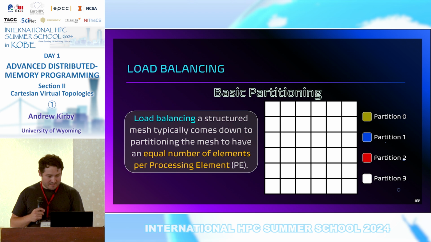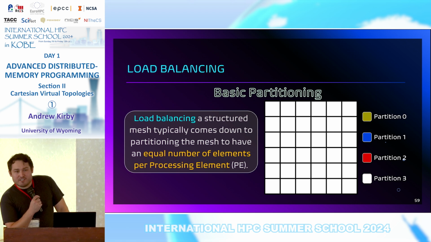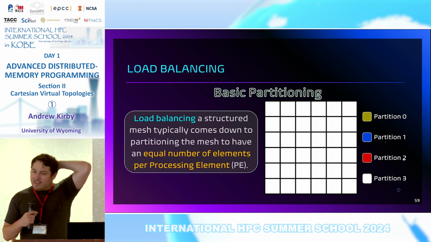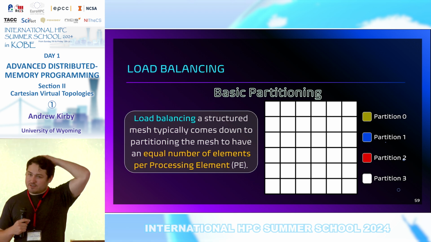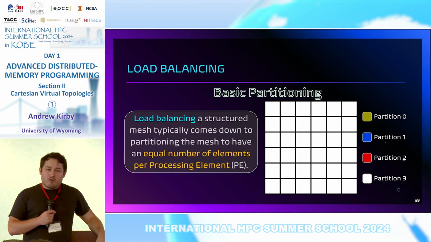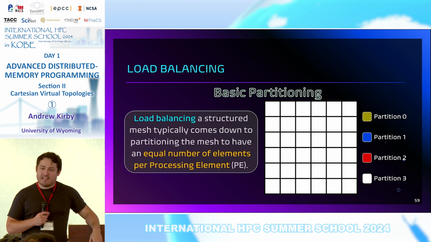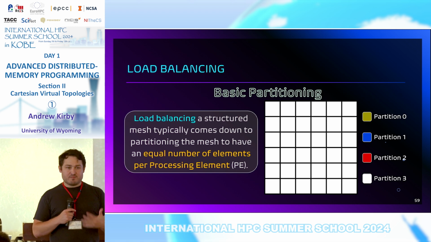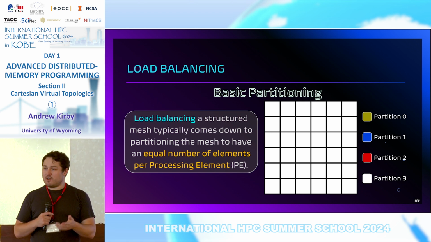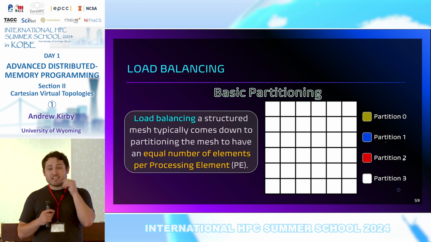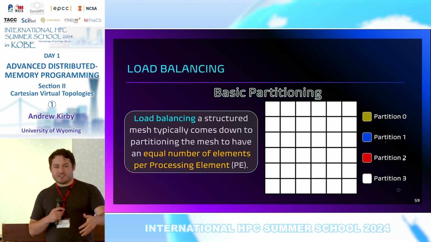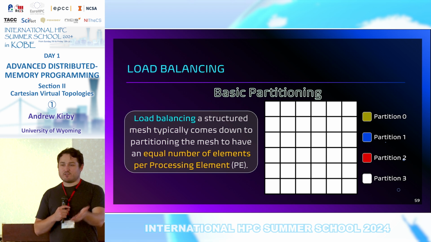Okay? So now, partitioning. What is the big challenge here? You have this mesh. The whole goal of using MPI is I have a problem that is generally too expensive or takes too long to solve on a single MPI rank or a single core, and you want to use more computational hardware to accelerate your program.